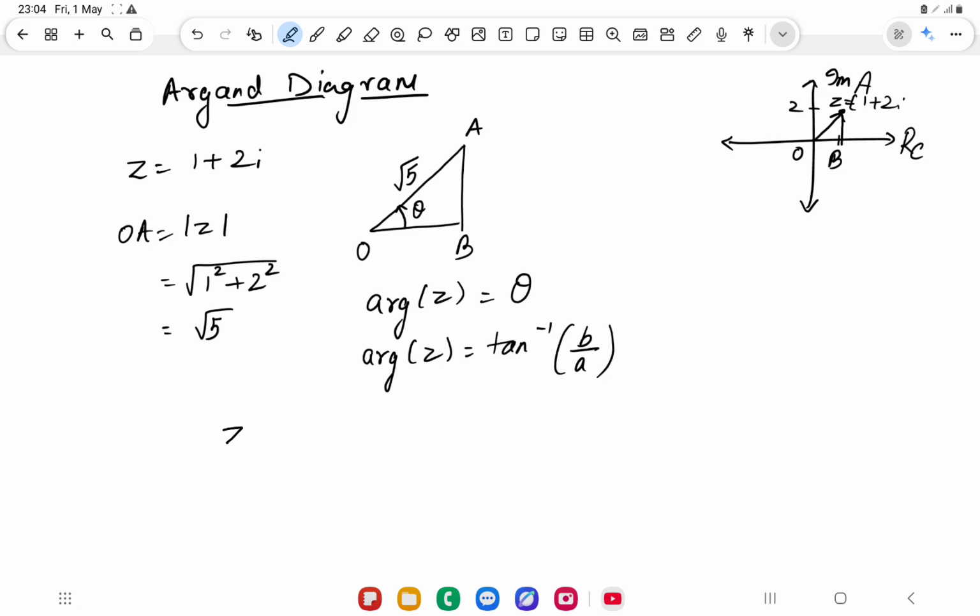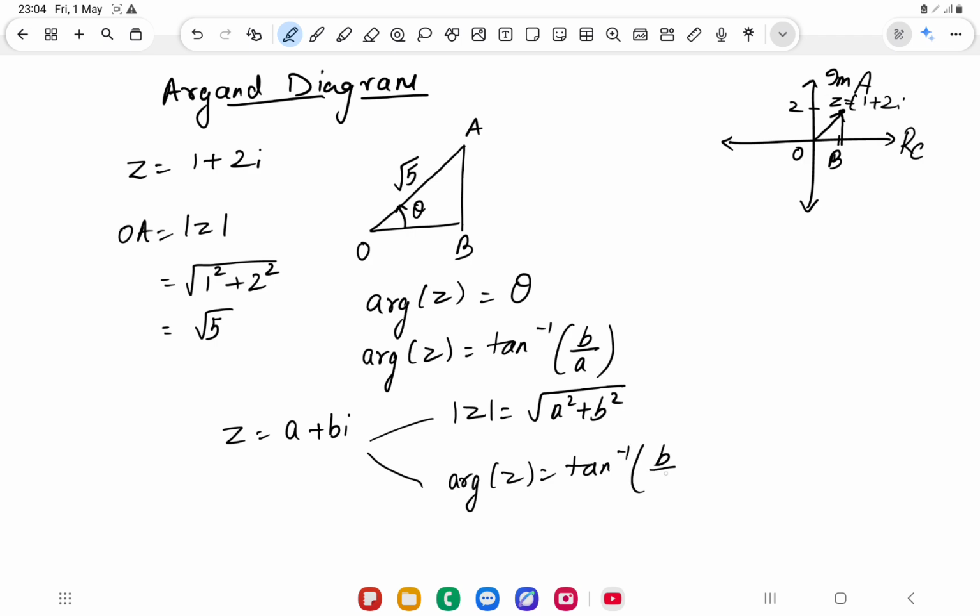Now if I summarize, for any complex number a plus bi, I have two things. The first one is the modulus, that is the magnitude, which is root of a square plus b square, and the second one is the argument, that is tan inverse b by a.